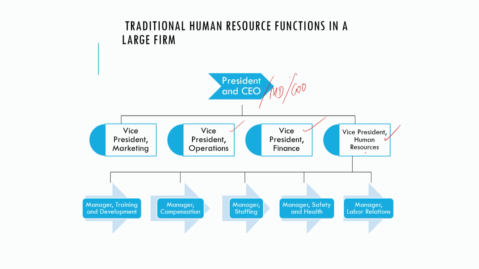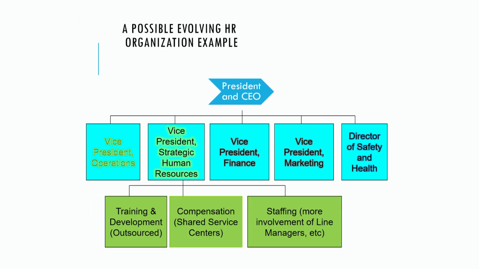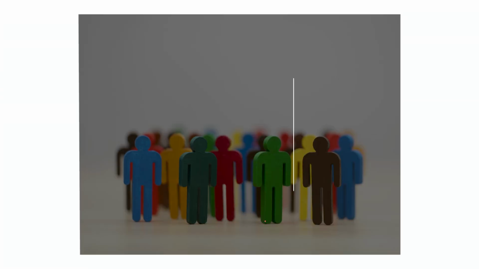And further, if we go for the line function, here these are the line managers and these are the staff managers for the HR function. One more example, wherein students, you can see that the President is being reported to by various Vice Presidents, and further it is divided into the specialist function.